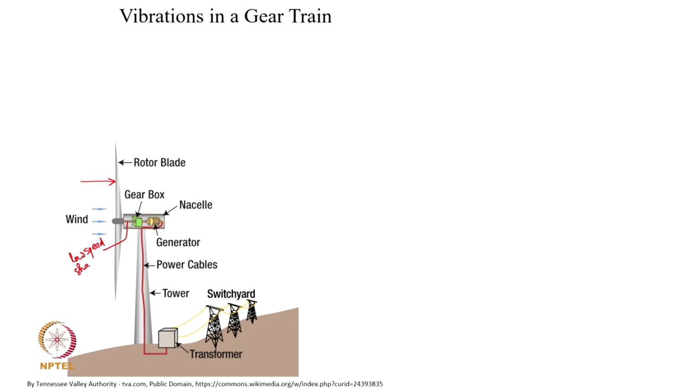This is the typical low speed shaft which is directly connecting the blades, and that goes as an input to the gearbox that you see here. The green colored one is essentially a gearbox.